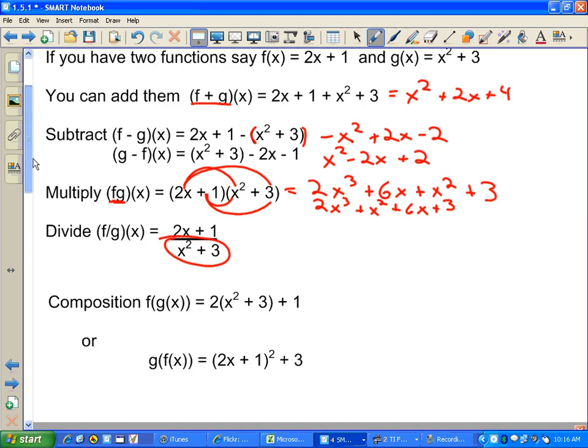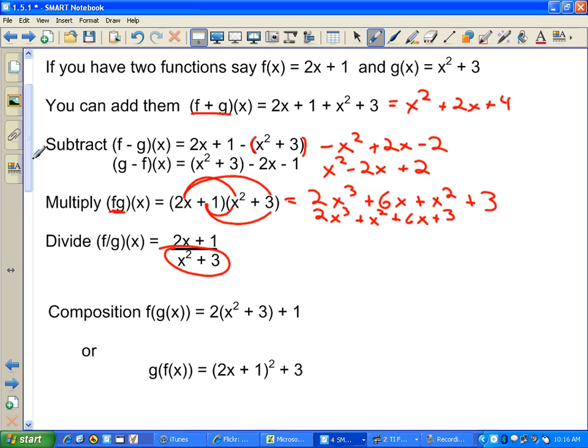Then there's composition of functions. So the way this is read is f of g of x. So I'm starting with my f function. My f function is 2x plus 1.